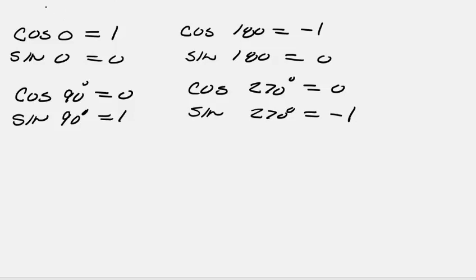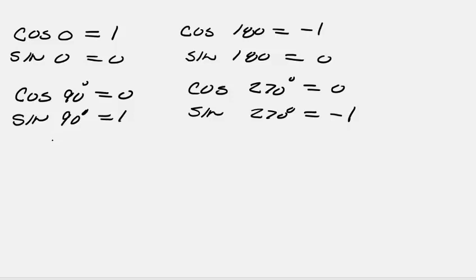Okay, so these are the trig functions that we should know, and I'm only doing the cosines and sines. You could do the tangents, the secants, the cosecants, and the cotangents also if you chose to, but these are the values we should know for 0, 180, 90, and 270.